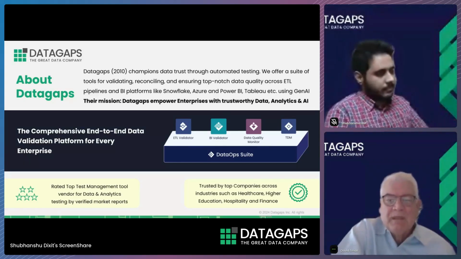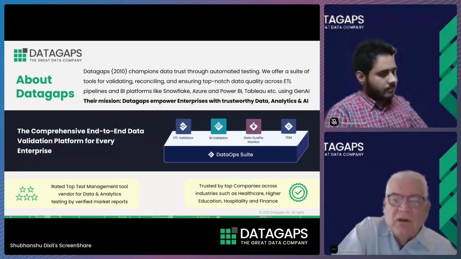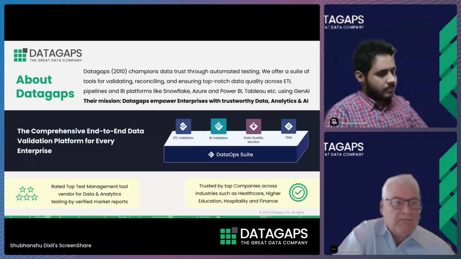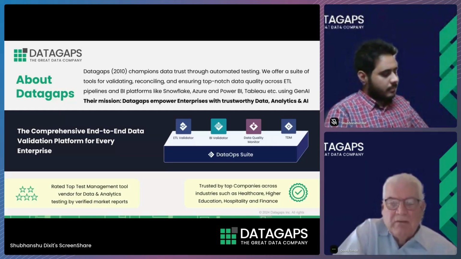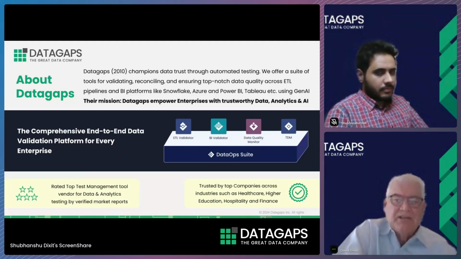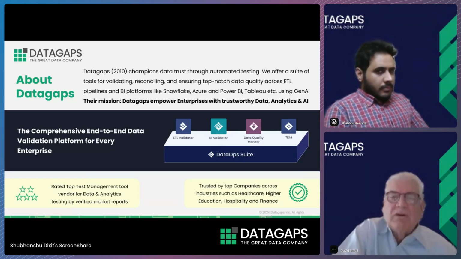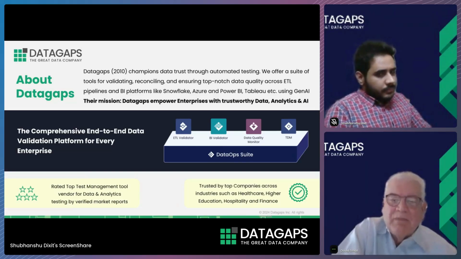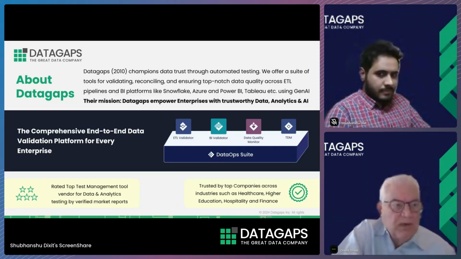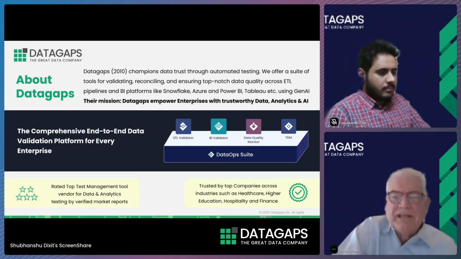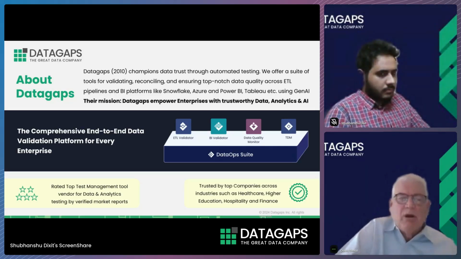Then we also have Data Quality Monitoring, which gives you the ability to monitor data at rest within your organization, whether that's your production applications or your data warehouse. It also provides observability, and we'll talk about that. And finally, Test Data Manager, which creates synthetic test data based upon a sampling of your production data. So that's the suite of products.